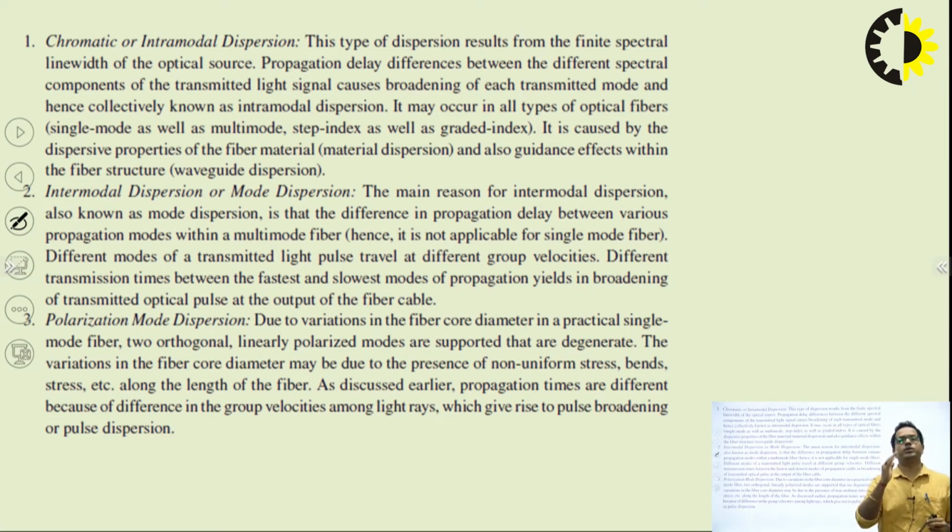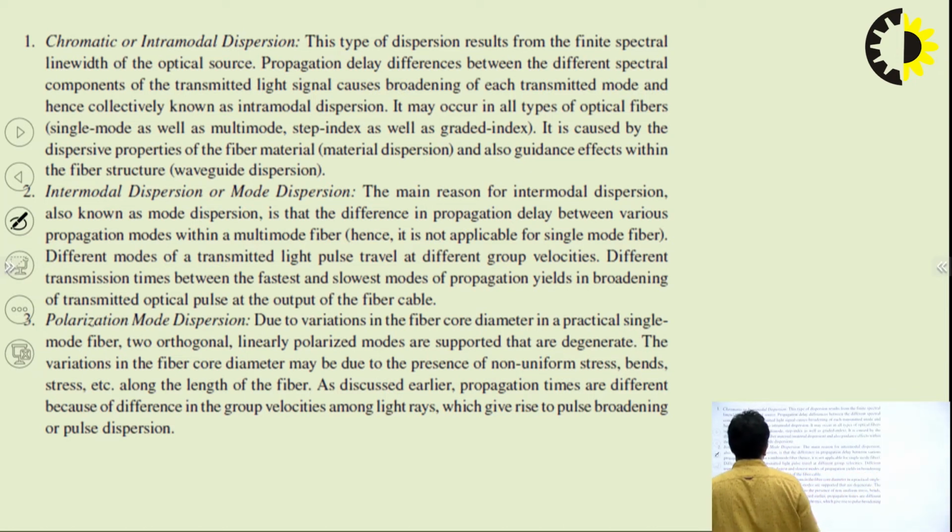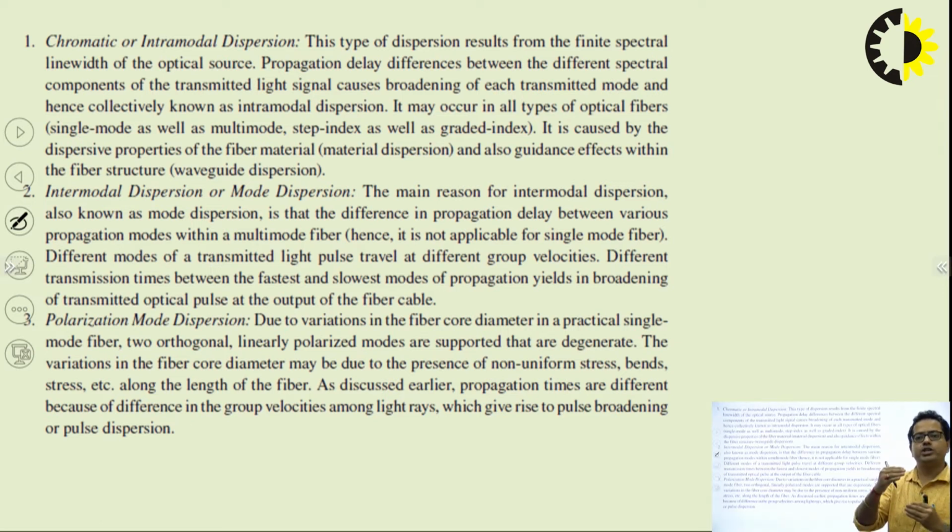So if you are talking about the fiber core diameter in a single mode fiber, we know that there are two orthogonally linearly polarized modes supported by the fiber. Due to the variation in the fiber core diameter, and due to the presence of non-uniform stress or a bend along the fiber core, there will be a different orientation of this electric field.